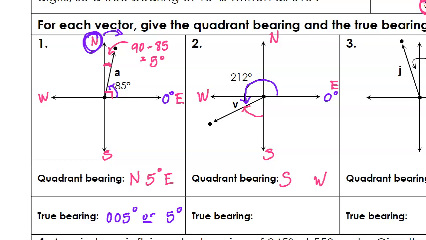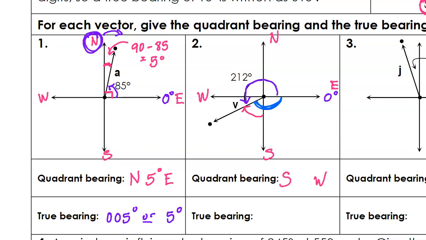How can I find the bearing angle that goes between those letters? Oh, we're doing 380. You're doing 360. Yes, 360 minus 212 would give you this angle, which is fine.